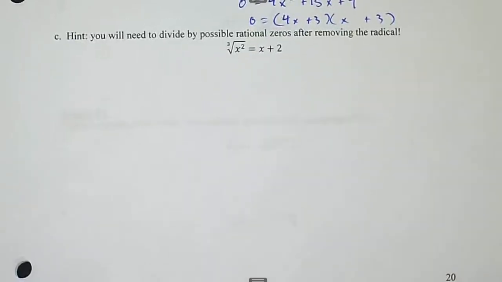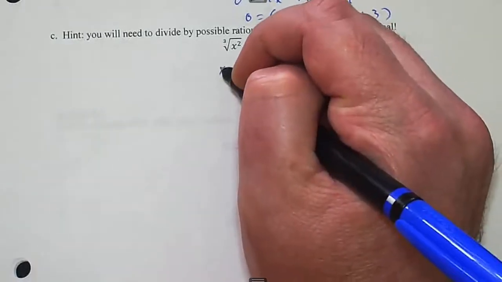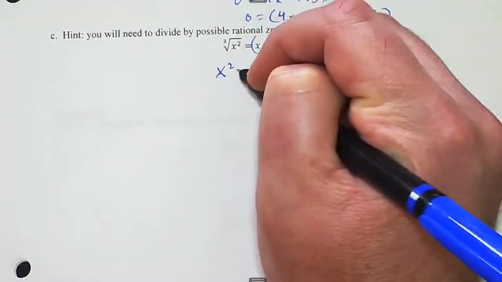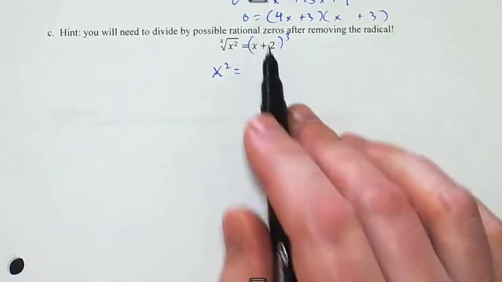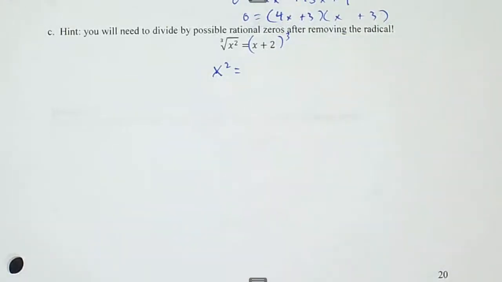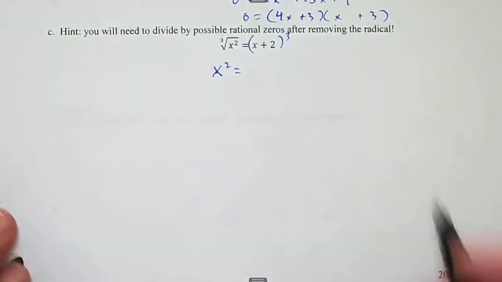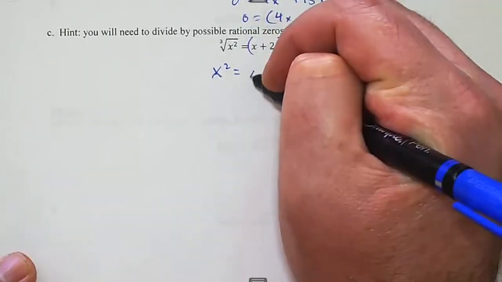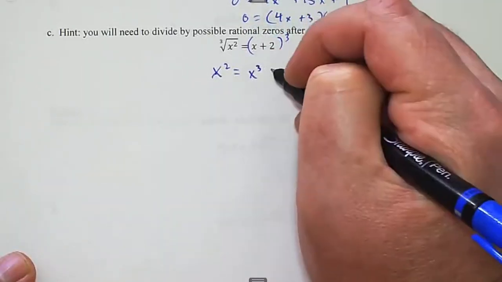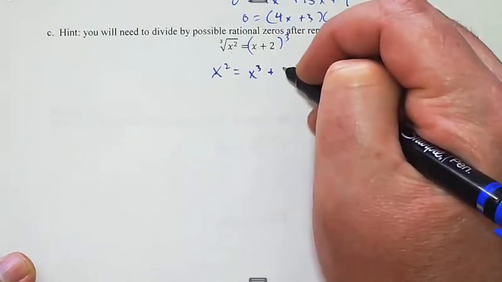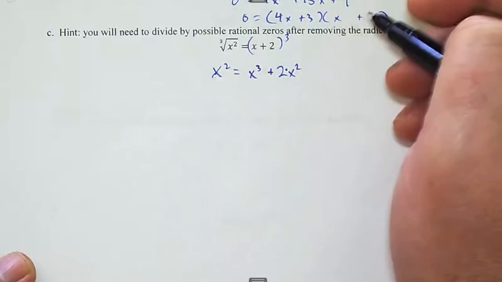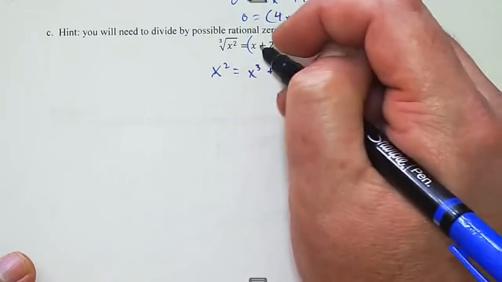Ooh, we get to cube both sides. Okay, that's more fun. So when we cube this, I don't know if you remember your Pascal's triangle business. That would help, actually. If not, you're just going to have to multiply that out 3 times. But it's 1x cubed plus 3 times x squared times 2.